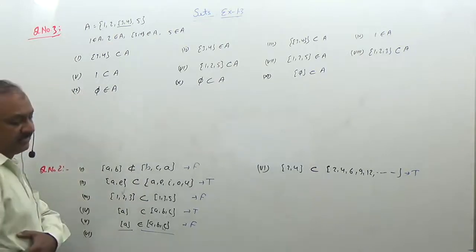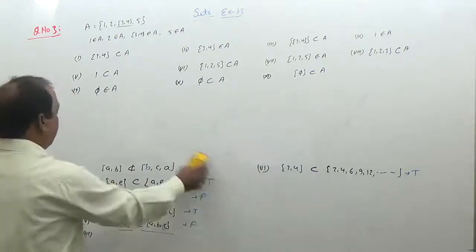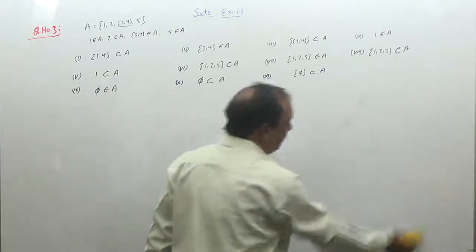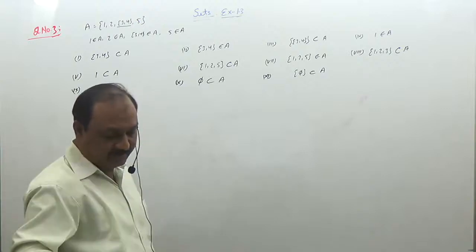So there are some statements given in question number 3, and we have already observed that there are the 4 elements of the given set.